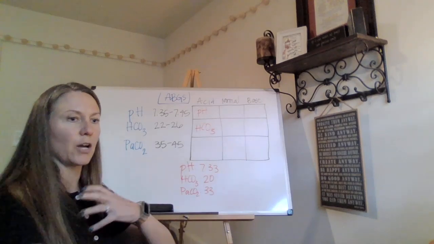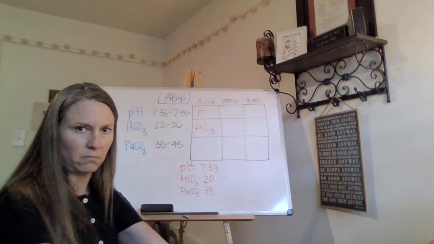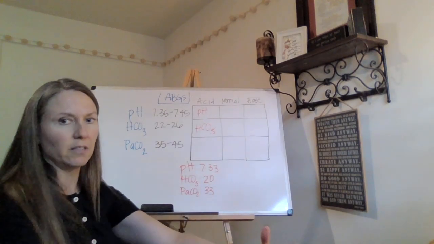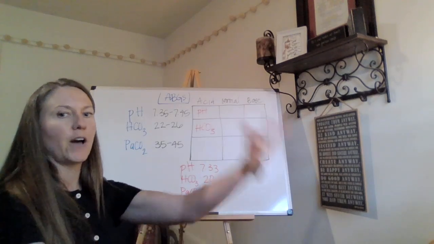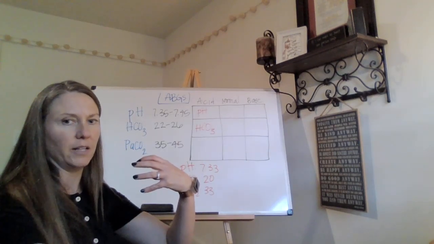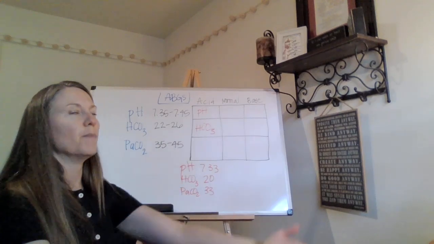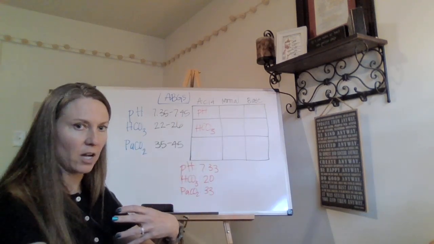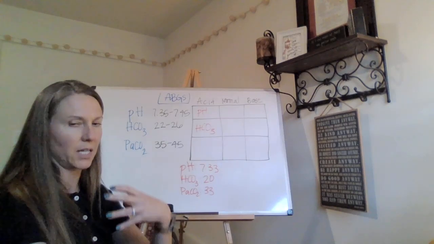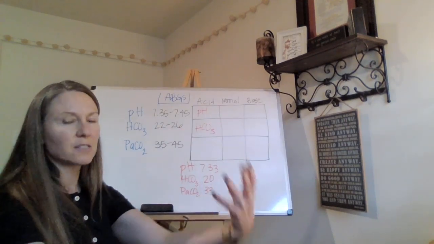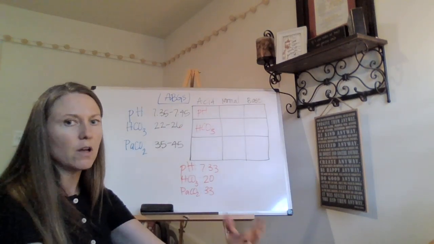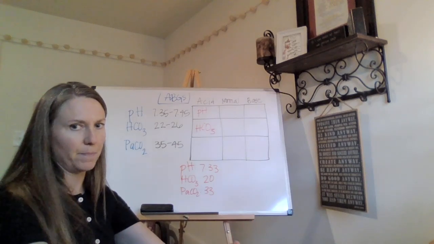So if I get rid of carbon dioxide, I'm getting rid of acid. If I hold on to carbon dioxide, I'm holding on to acid. So the more carbon dioxide I have, the more acidic I am. The less carbon dioxide I have, the more base I am.